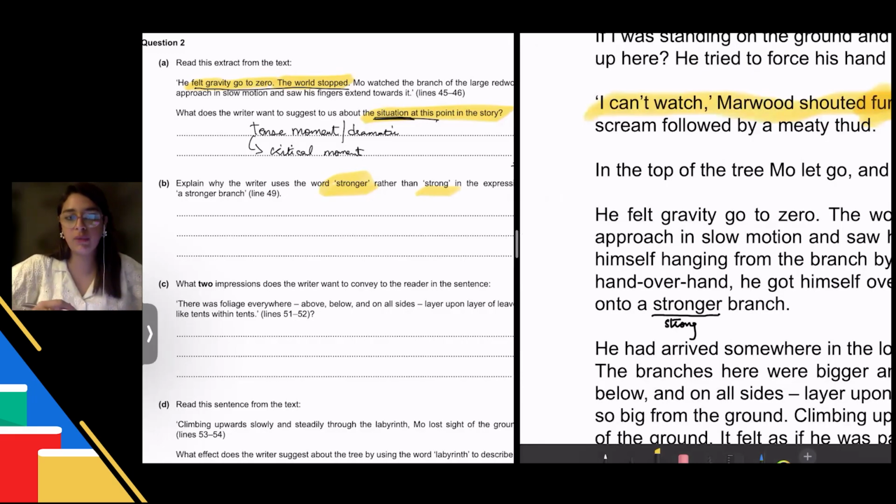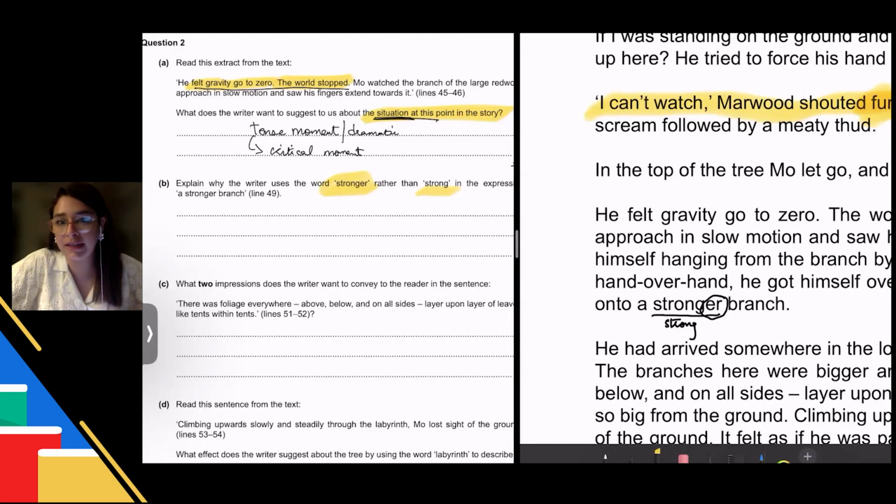That's what you need to highlight within your response for this question, where they're asking you to explain why the word stronger was used. The word stronger is a comparative adjective. So instead of saying that he looked for a strong branch in general, the author is trying to highlight the idea that he looked for branches that were strong enough to hold his weight.